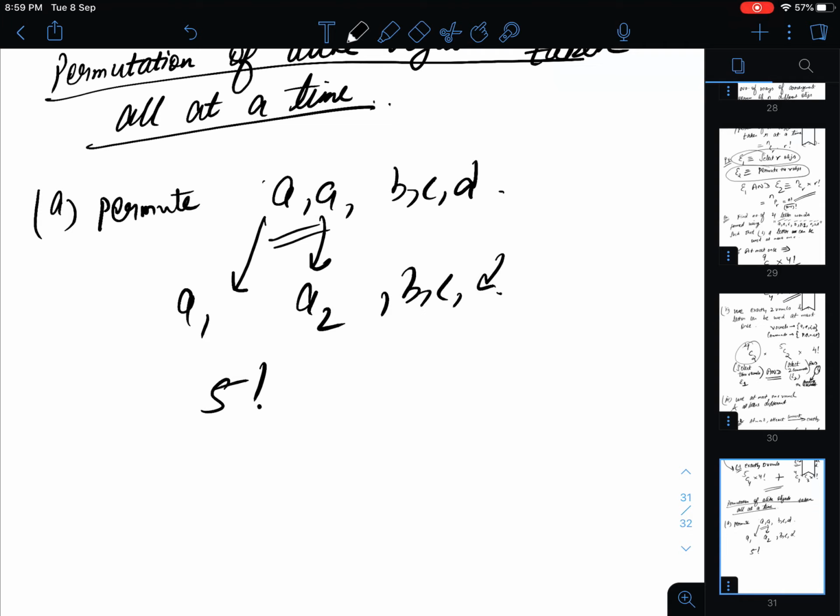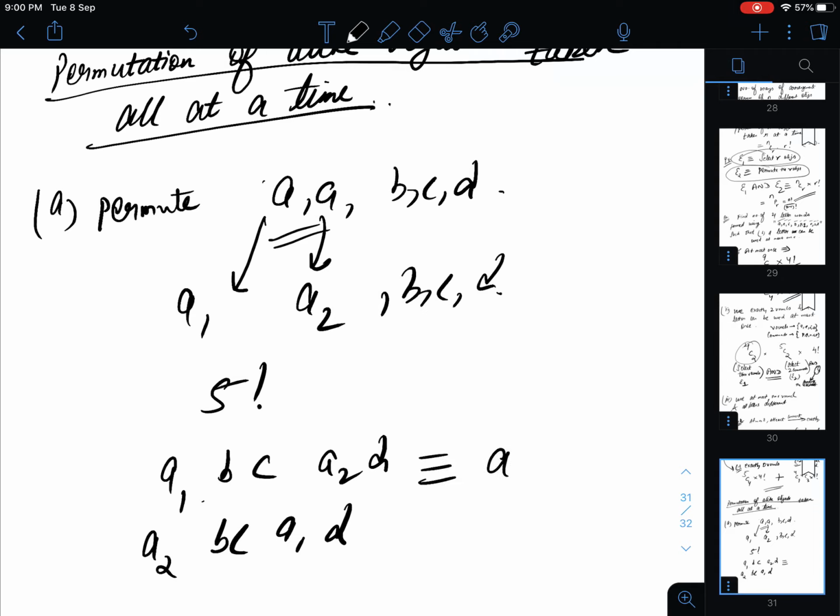Now, consider the following situation. One arrangement that you can obtain is this: A1, B, C, A2, D. And another arrangement that you can get is A2, B, C, A1, D. Now, A1 and A2 are actually nothing but A only, because we have alike objects.